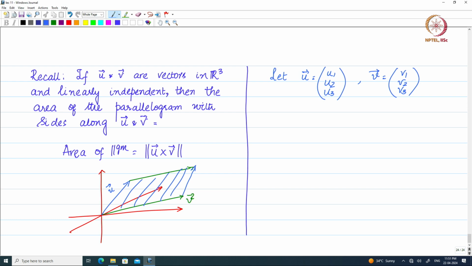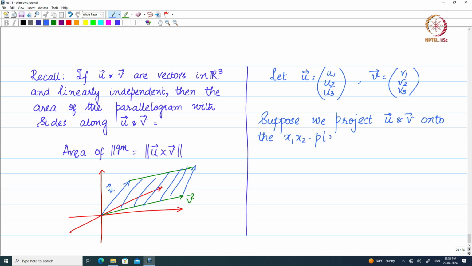Now suppose we project u and v onto the x1 x2 plane.